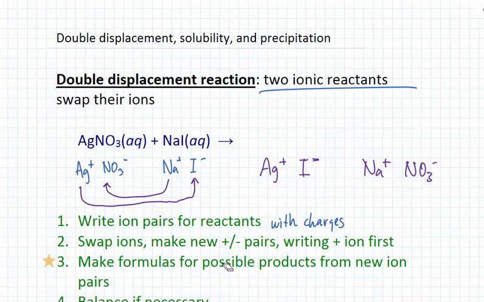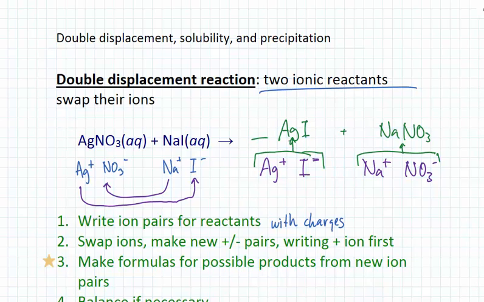And then make formulas for possible products from those new ion pairs. So this ion pair makes silver iodide. This ion pair makes sodium nitrate. Leave room for a coefficient in front, leave room for a phase label behind.